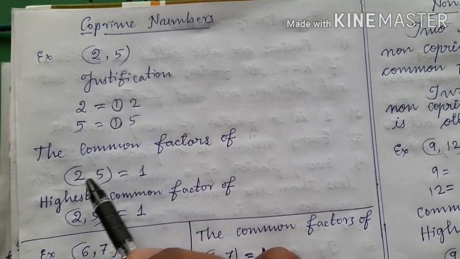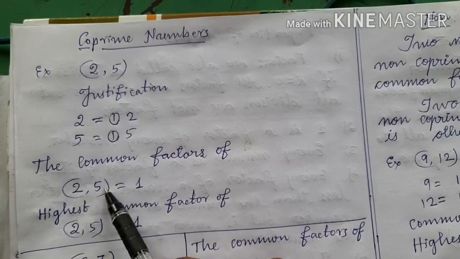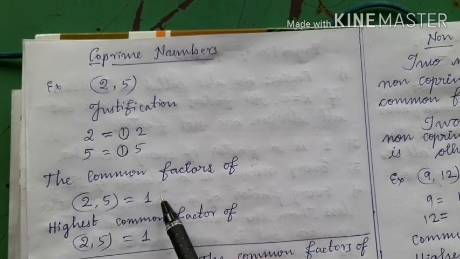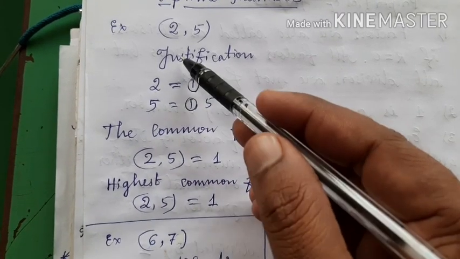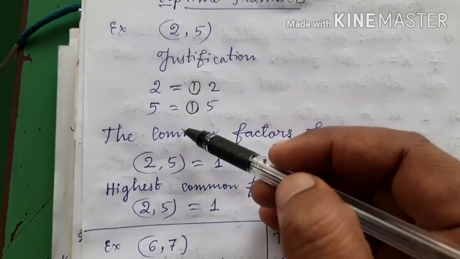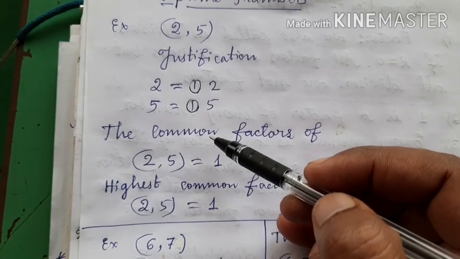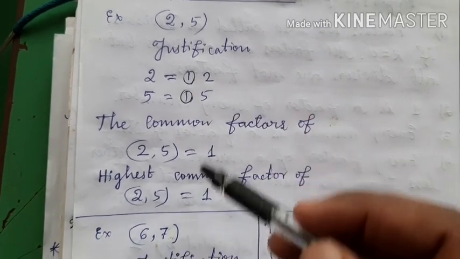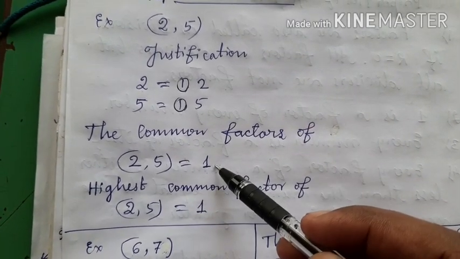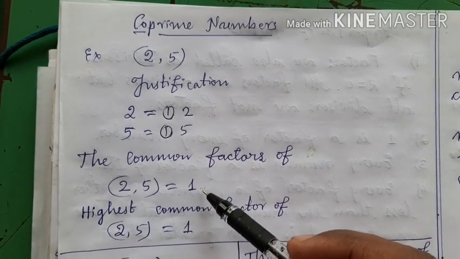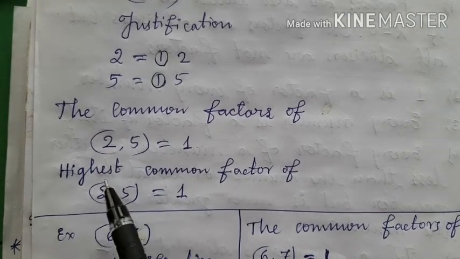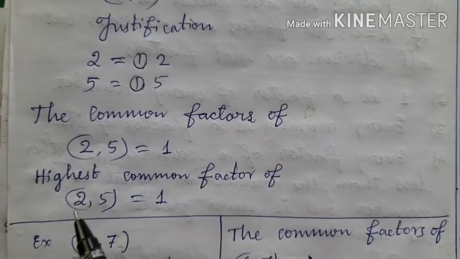Therefore, children, we should call such a pair of numbers co-prime numbers. So, what are co-prime numbers? Here, 2 and 5 have no common factor other than 1. If the numbers have no common factor other than 1, then they are called co-prime numbers. And what is the highest common factor of 2 and 5?